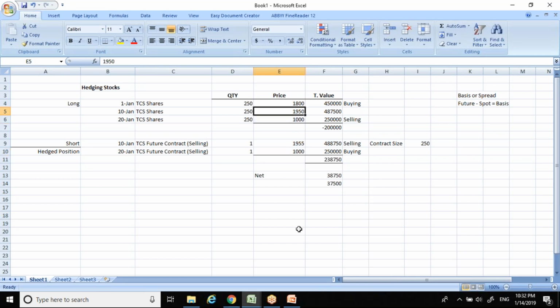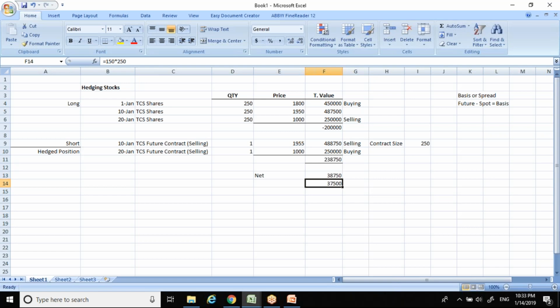Because you are selling at 955 and the price went to 1000. So you actually lost less and gained more. In this situation, you make some extra profit.